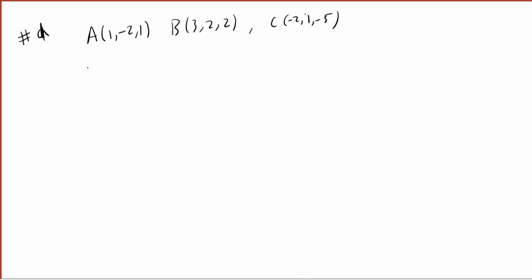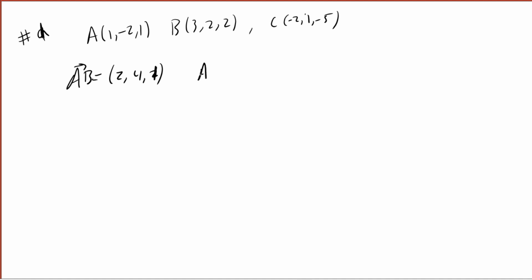Well, if they're vertices of a right triangle, then two of the vectors need to be orthogonal to each other. Okay, so let's figure out all the vectors. We have the vector AB, which is 2, 4, 1.